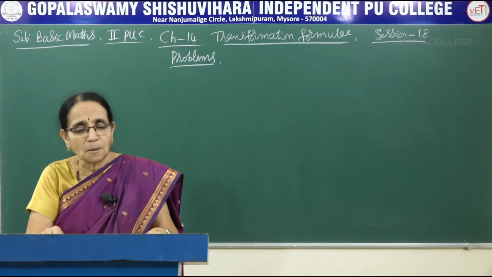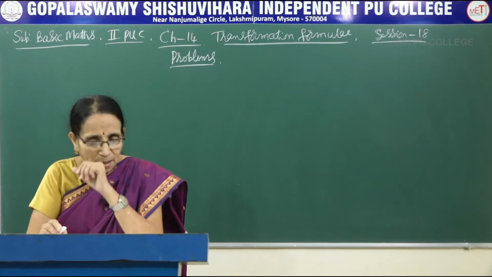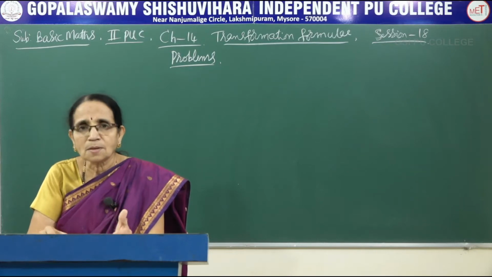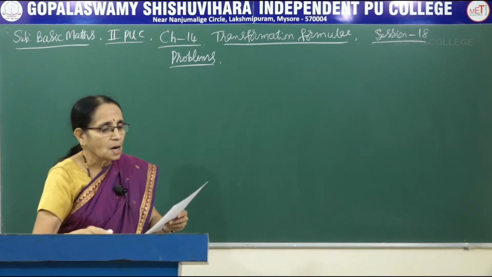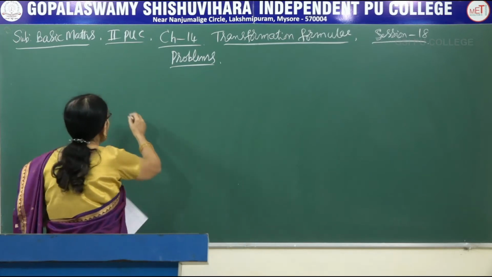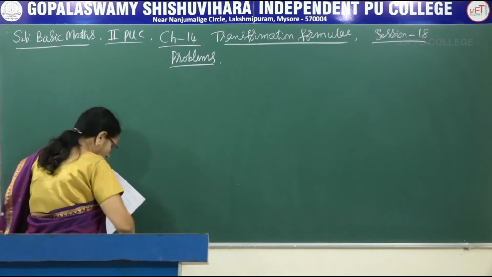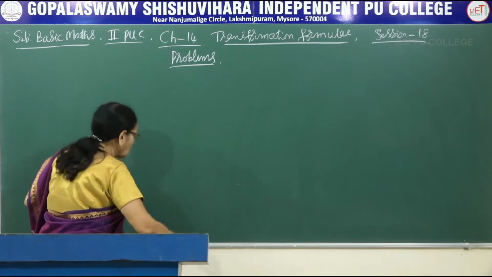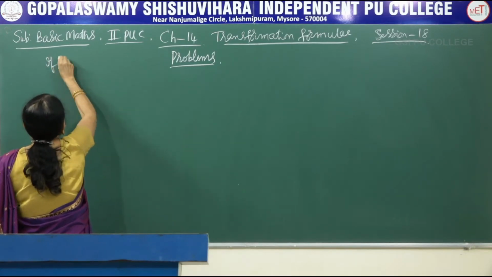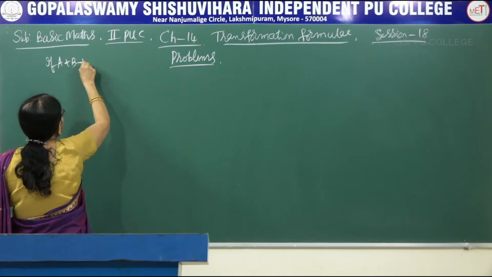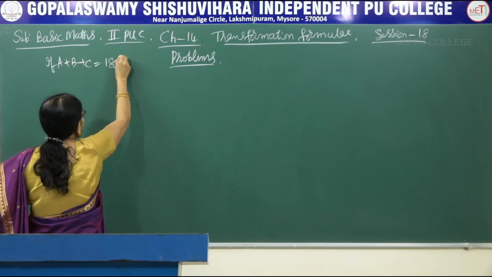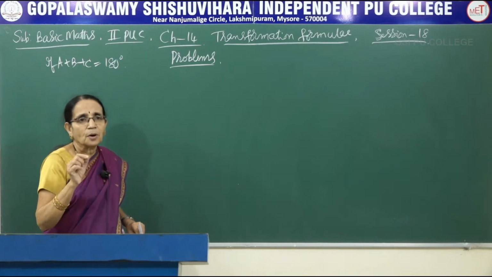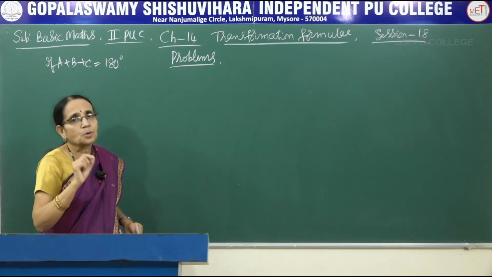In the previous session I had taken the condition if A plus B plus C equal to 180 degrees, and with the same condition, the same data, I am starting this one. So, if A plus B plus C is 180 degrees, or again, as I have told you, it can be asked like this: if in a triangle you prove the result.